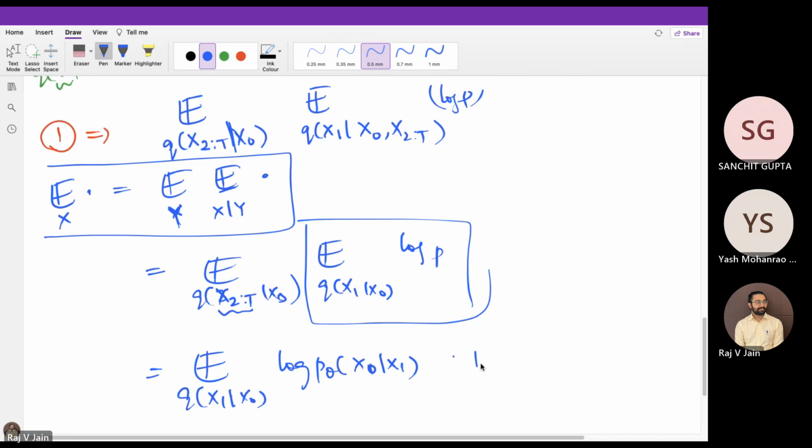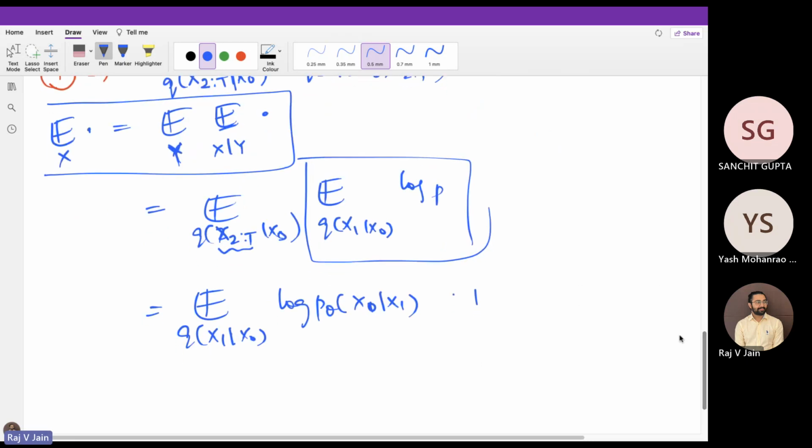Is this clear? So the neural network is approximating the backward process, going from t to t minus 1. Q is going from x0 to x1. Q is always the forward process, that is data to noise.